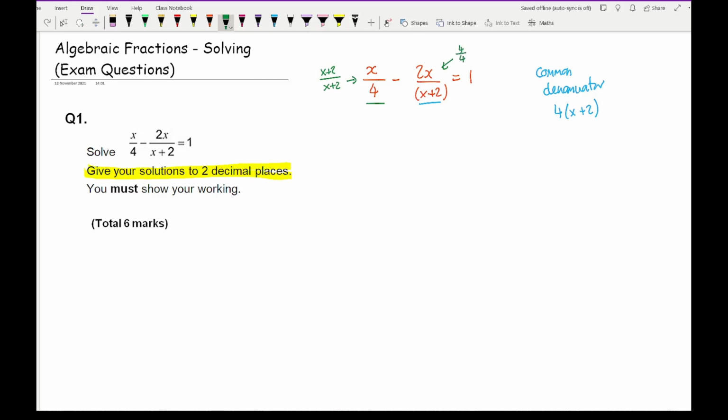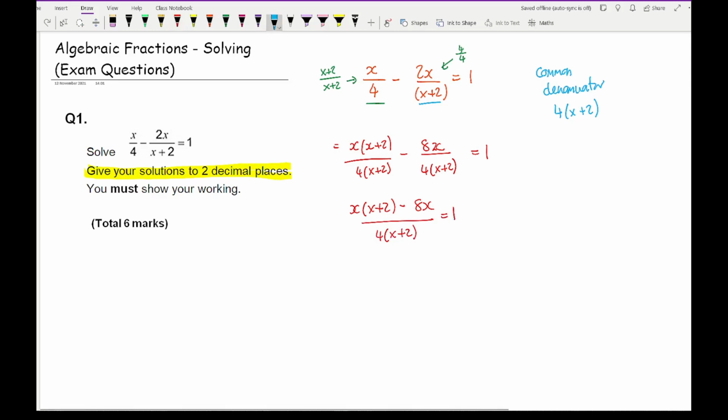So the next step is going to be x times x plus 2 over 4 times x plus 2, minus 8x over 4 times x plus 2, and again let's not forget that equals 1. So now I've got a common denominator, I can join the two numerators together. So here I've got x times x plus 2 minus 8x all over 4 times x plus 2 equals 1.